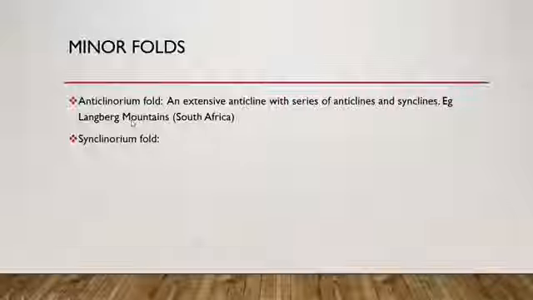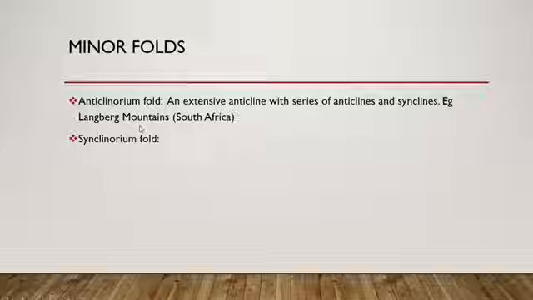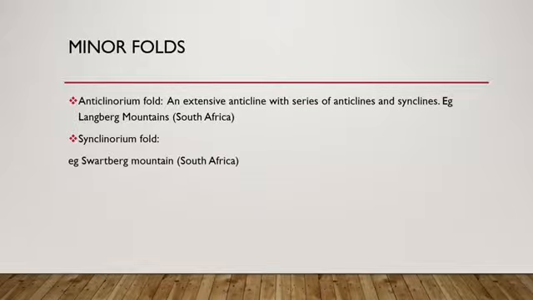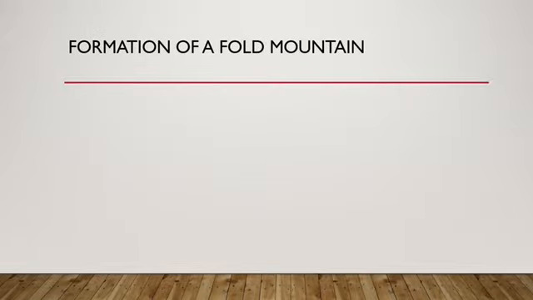Then the synclinorium, we are talking about what? Yes, give a guess. Very good. Series of anticlines and synclines found within a syncline is what we call synclinorium. So a typical example of an anticlinorium is the Lamberg Mountain in South Africa, and then that of the Swartberg Mountain also in South Africa.